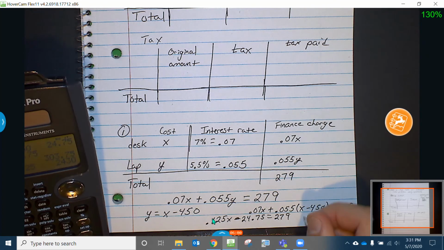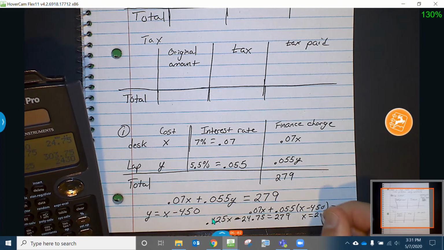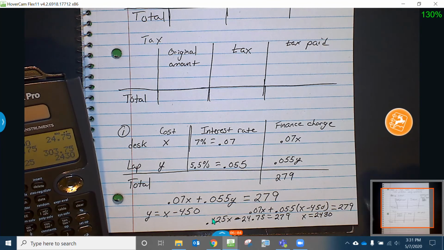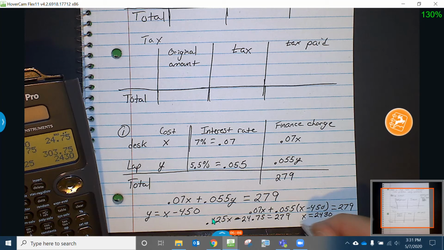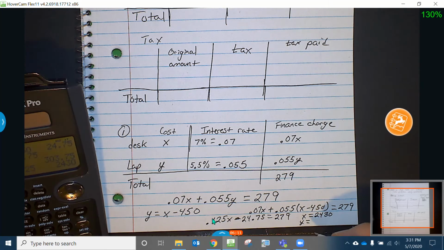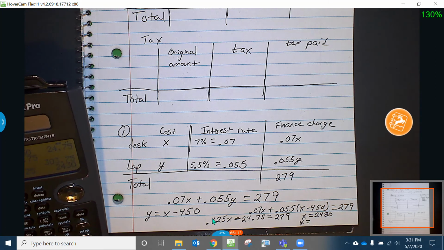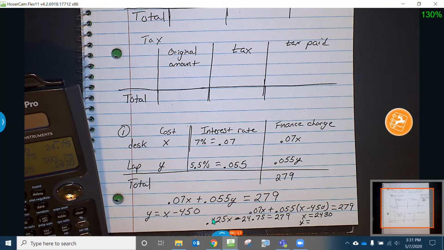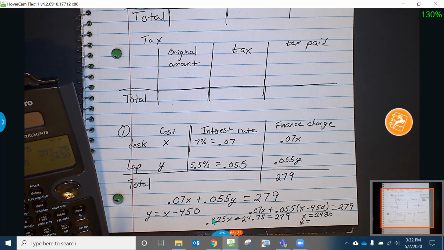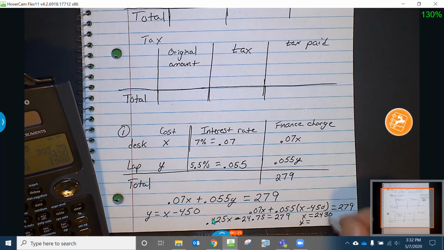And x is 2,430. To find y, just plug it into here. So 2,430 minus 450 is 1,980.